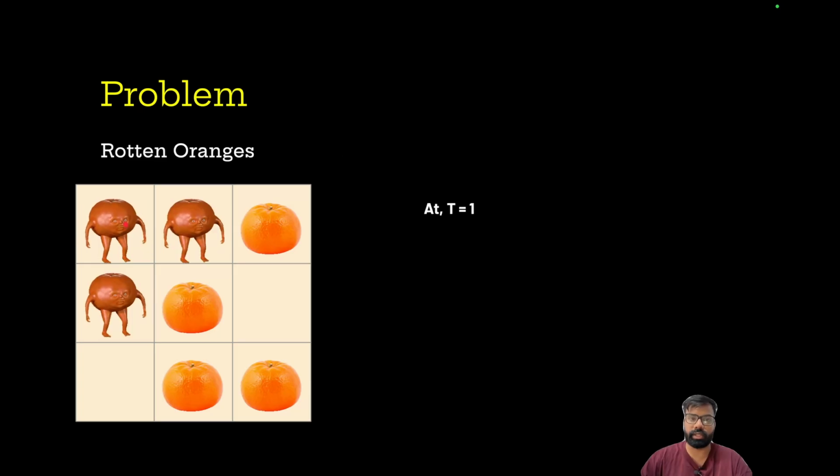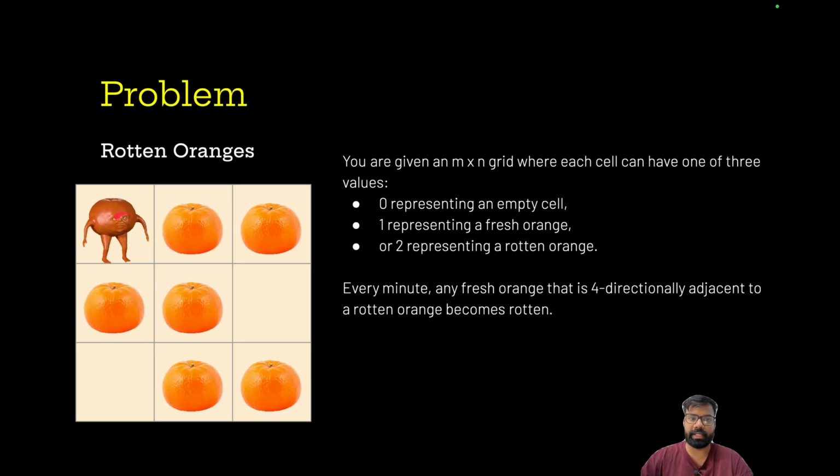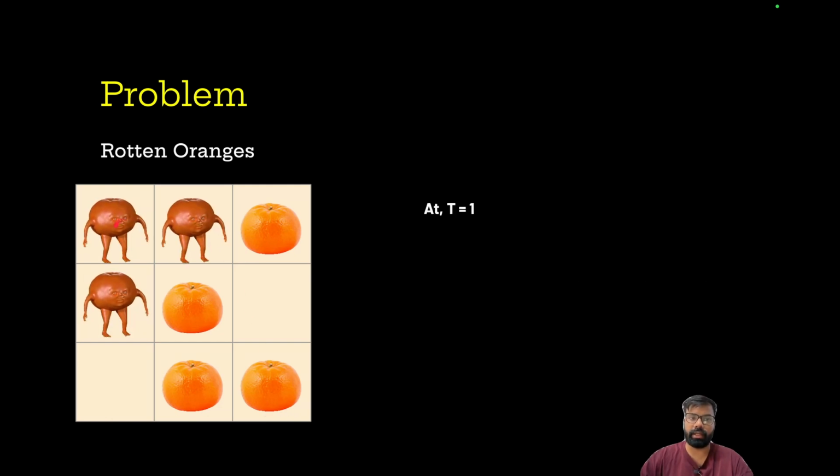into rotten oranges. So for example, initially it is like this. In the next second, this is the situation at time t equals 0. At time t equals 1, it turned its neighbor into rotten oranges. Now these neighbors will turn their neighbors into rotten oranges, right? So at time t equals 2, we can see that these two oranges will also be turned into rotten orange, since this orange is directly next to this one and this one, and this orange is directly next to this one.